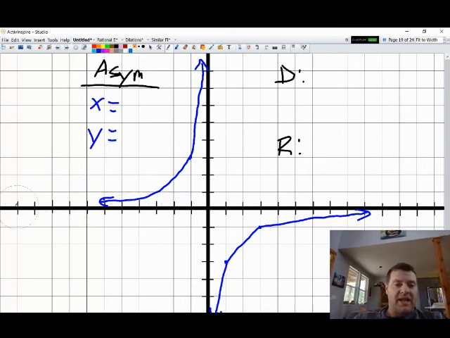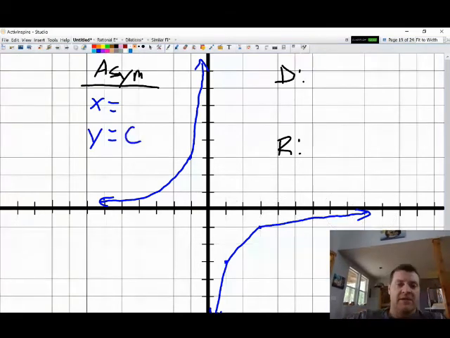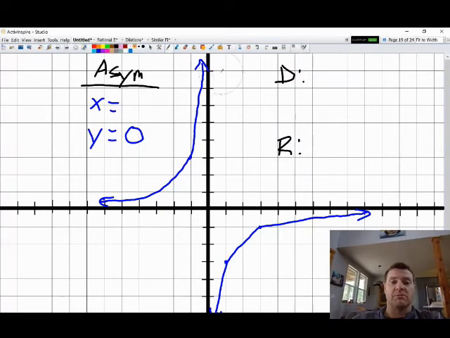It's never going to cross the x-axis here. It approaches that x-axis, and that is the equation y equals 0. So there's my horizontal asymptote. My vertical asymptote is going to be x equals a number, and that is going to be 0 again because it never crosses that.